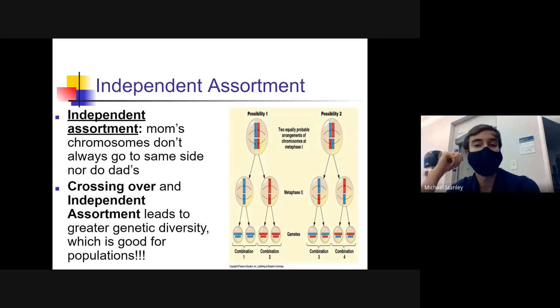On the flip side, when you get fraternal twins, so twins where either they're not identical or you get a boy and a girl twin, that usually happens because the ovary, instead of just releasing one egg at a time like it usually does, accidentally released two. So instead of one egg getting fertilized by one sperm, two different eggs got fertilized by two different sperm. And that's how you end up with non-identical twins.